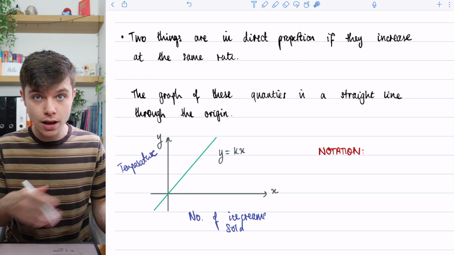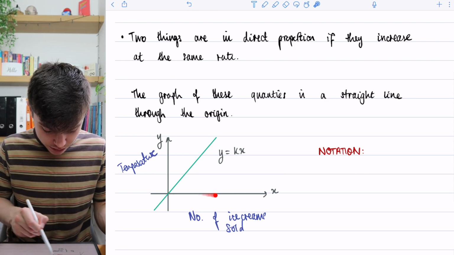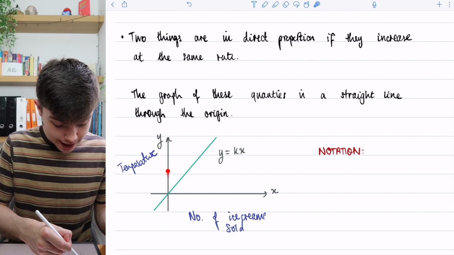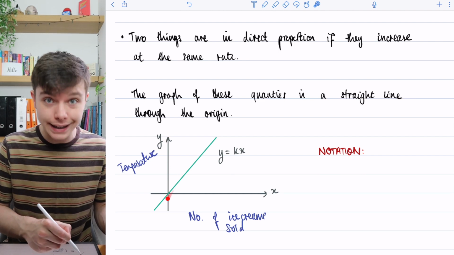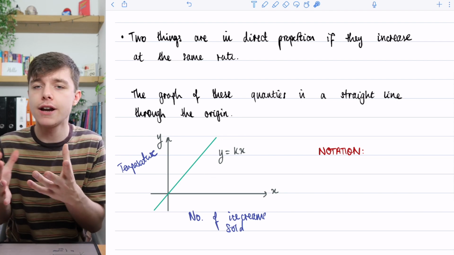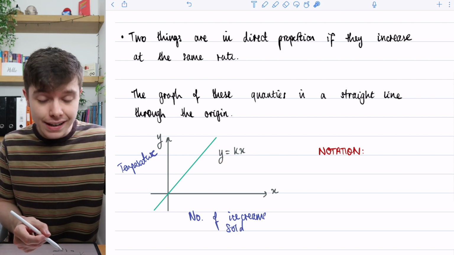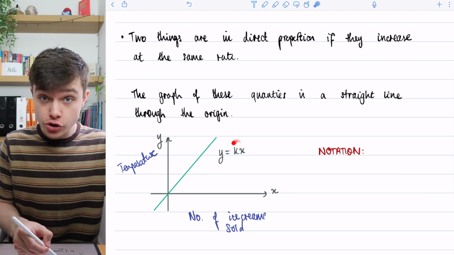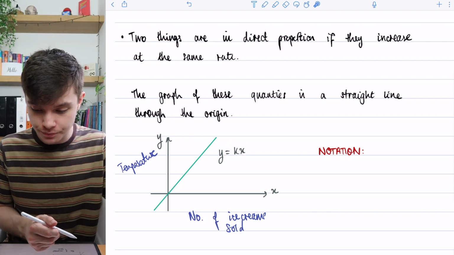They're directly proportional to each other. As the number of ice creams sold increases, the temperature also increases, because we can follow this straight line here. It's a straight line through the origin, but it has some kind of multiple out the side of it. It might not be exactly y equals x. It could be y equals some multiple of x, but they always pass through the origin.